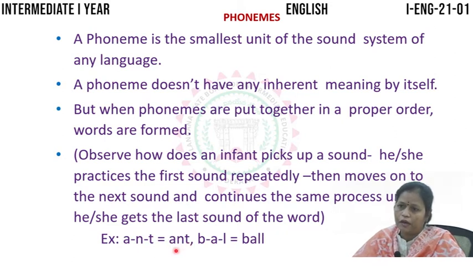A boy or girl first of all practices the first sound a, next moves on to n, and then moves on to t. Once he gets all the sounds a, n and t, he will get the complete pronunciation of that particular word. So that is ant, and he comes to know that it has to be pronounced as ant.